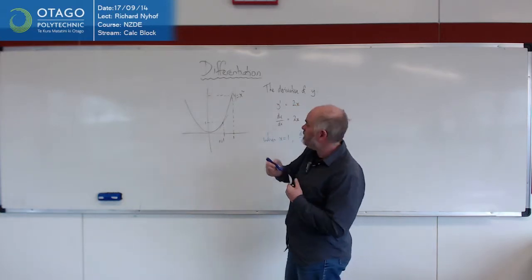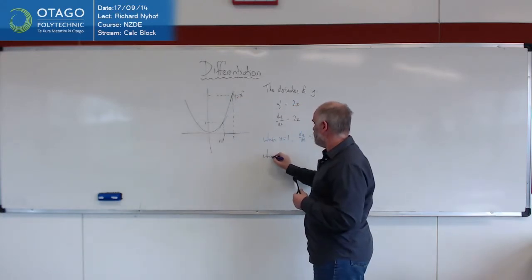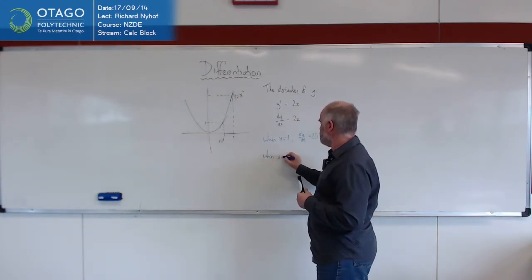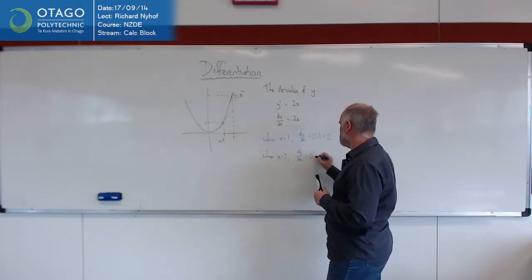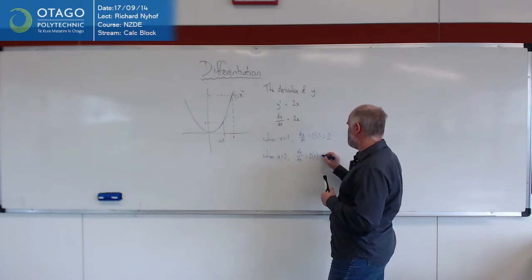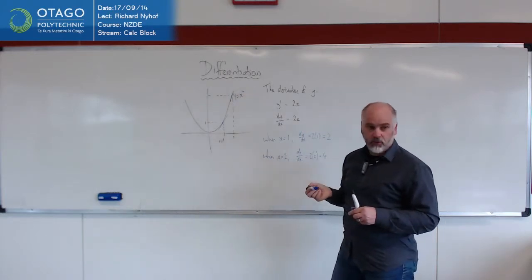The parabola gets steeper as it goes on. So by the time we're up here, when x equals 2, the derivative is 2 lots of the new value of x, which is 4. So at this point, the slope is 4.